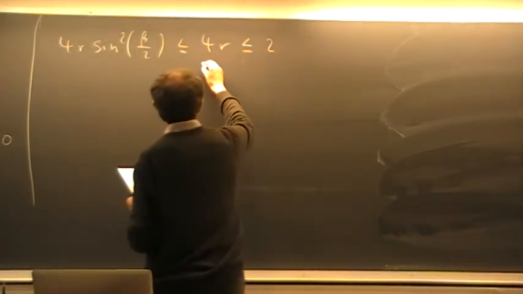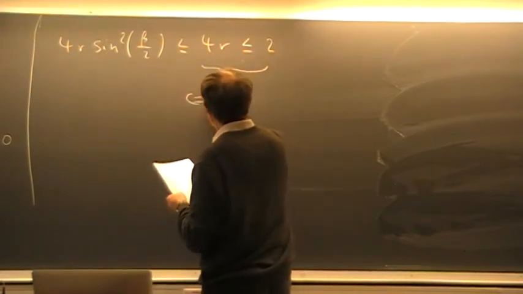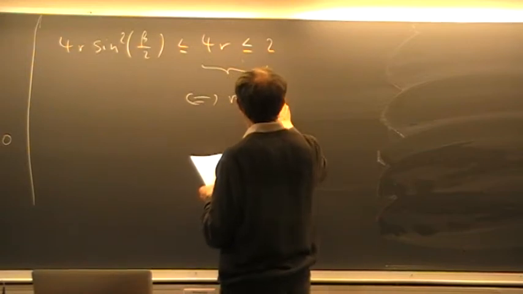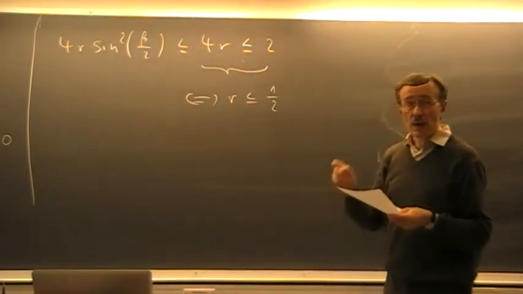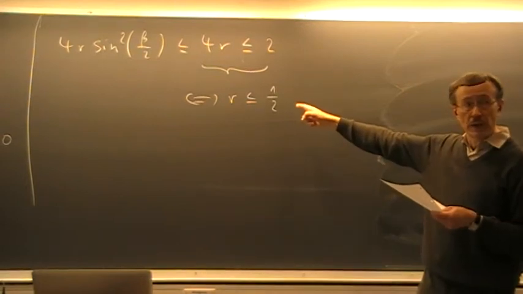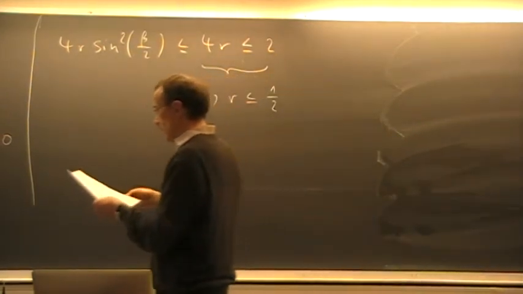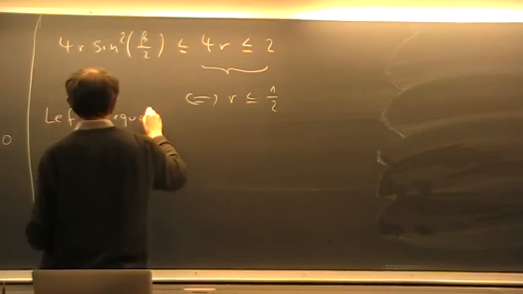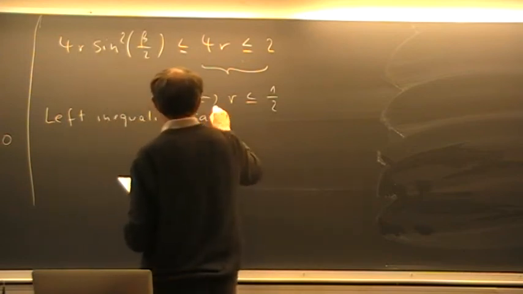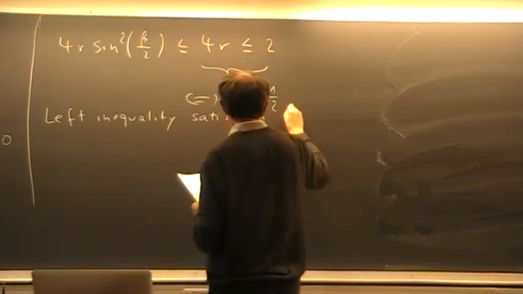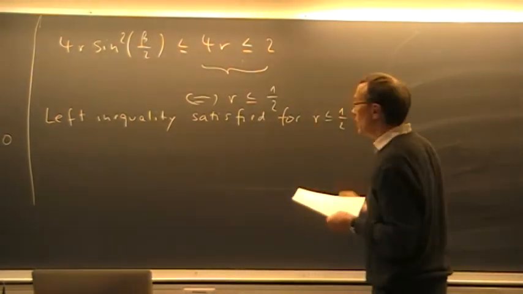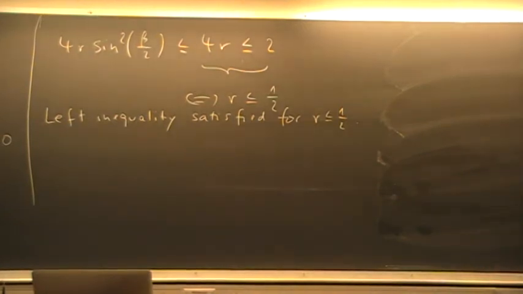This is equivalent to saying that r has to be smaller or equal than 1/2. So the left inequality is satisfied for r smaller or equal to 1/2. The right inequality for r greater than 0. Then we have our stability condition.